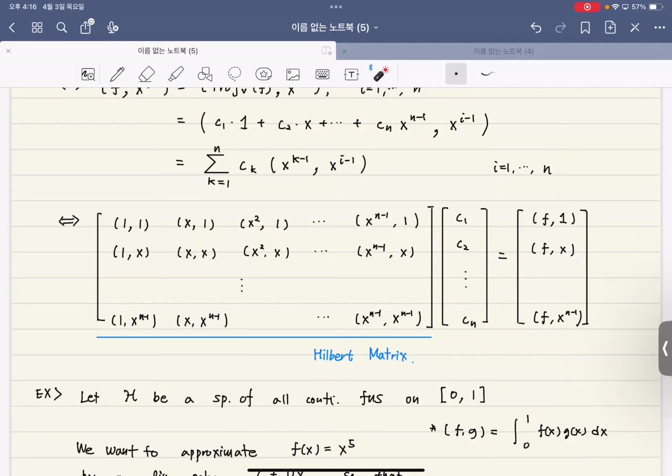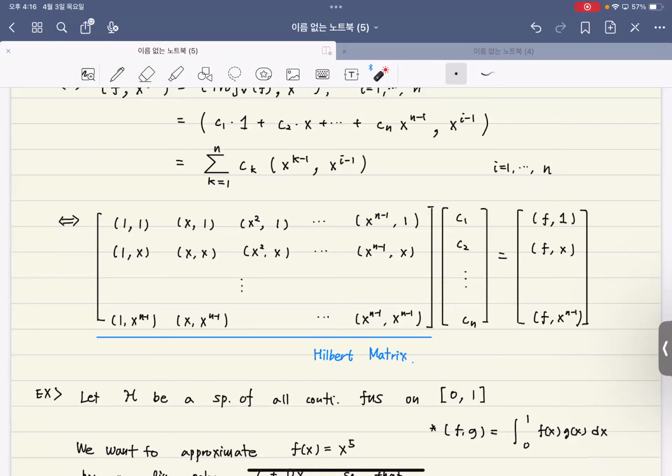When the dimension of the matrix is that large, taking the inverse matrix to solve this equation is not meaningful. In such cases, you have to use Gaussian elimination, the forward elimination. By applying a bunch of elementary row operations, you transform this Hilbert matrix into an upper triangular matrix.